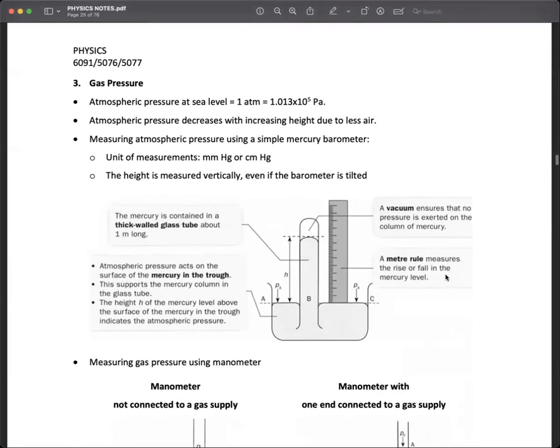Okay, so we talked about fluid pressure just now. At sea level, the amount of gas above our head all the way to the end of the atmosphere, we call it the atmospheric pressure. There's a lot of air on top pushing down on you.